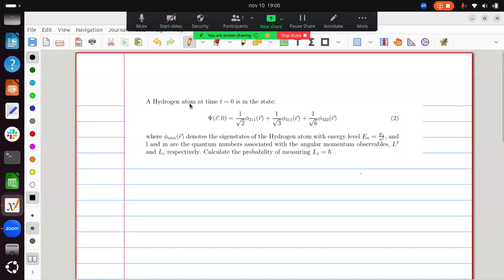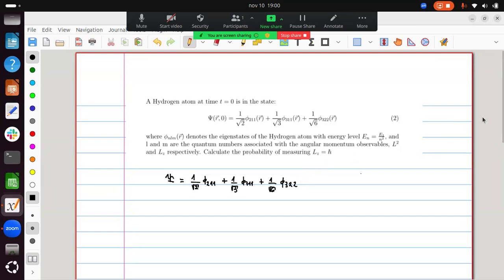So we are going to start rewriting these functions over here. C depends on the square root of phi 211 plus 1 over the square root of 3 times phi 311 plus 1 over the square root of 6 with phi depending on 3, 2, 2.